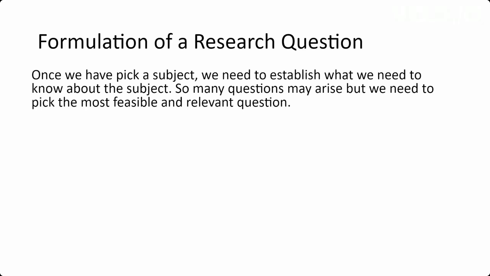So many questions will arise regarding that subject, for example, in our case, the drought issue. You can come up with hundreds of questions regarding drought, but you need to pick something which is feasible, something which you can manage as a researcher, something within your capacity in terms of resources and understanding and, of course, even interest.